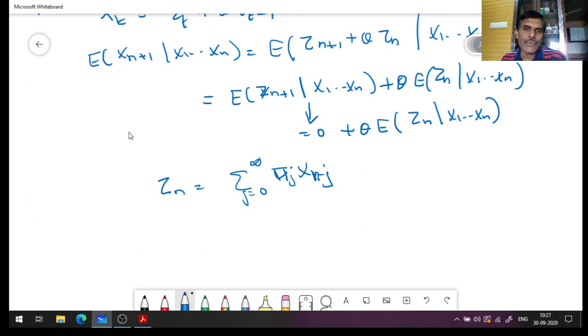So this is nothing but xn times pi naught, which we generally take as 1, plus pi 1 xn minus 1 plus etc., up to pi n minus 1 x1.